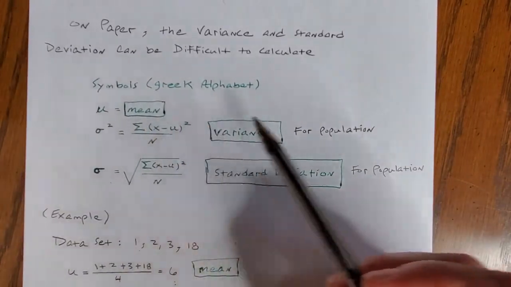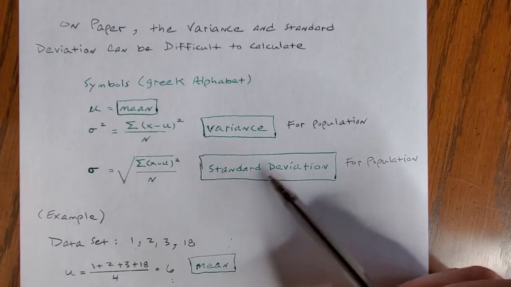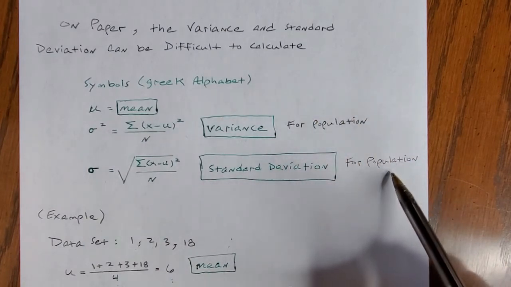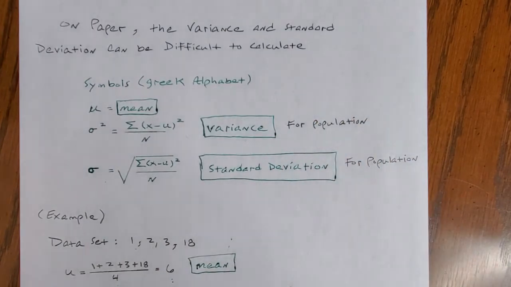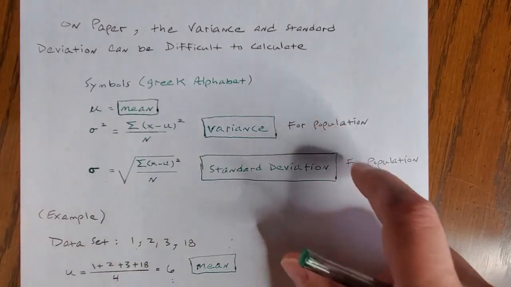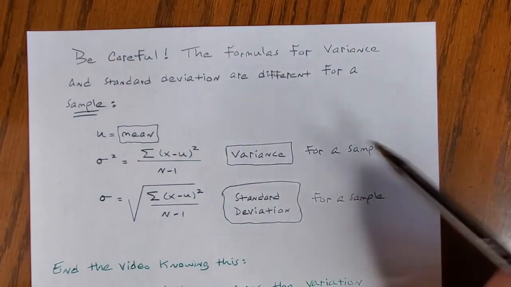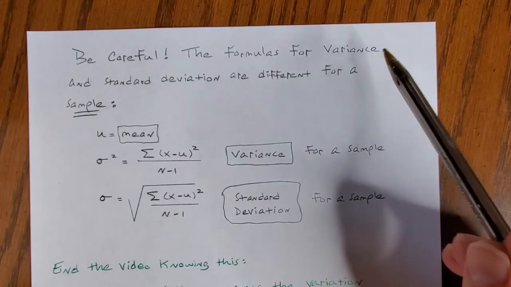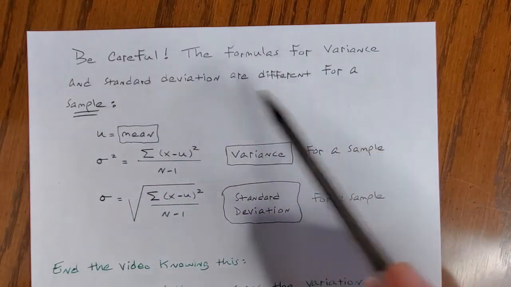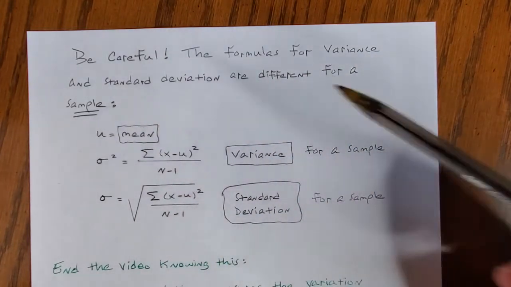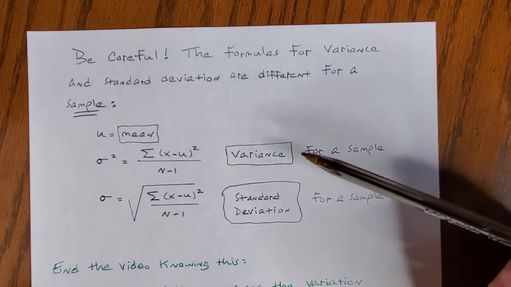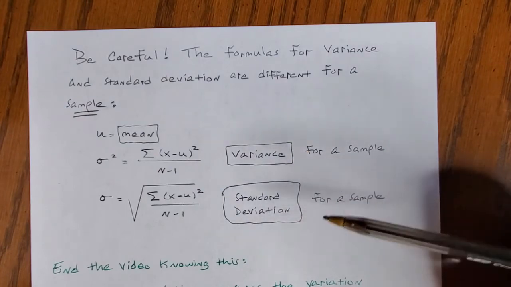Now, some time for some fine print. This is how you measure the variance and standard deviation for populations. I made another video about what a population is and how a population is different than a sample. Be careful: the formulas for variance and standard deviation are different for a sample. What I just showed you was how you would find the variance and standard deviation for a population.